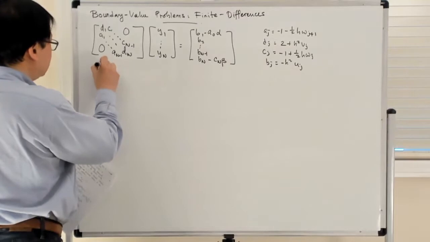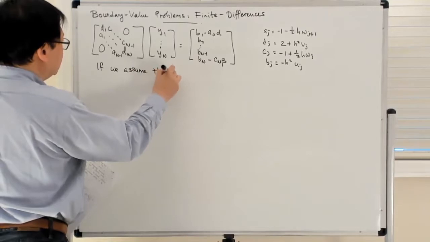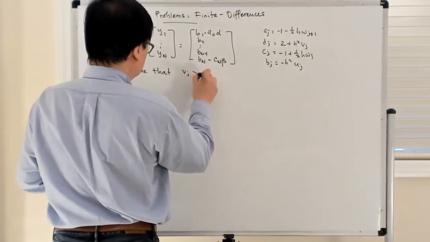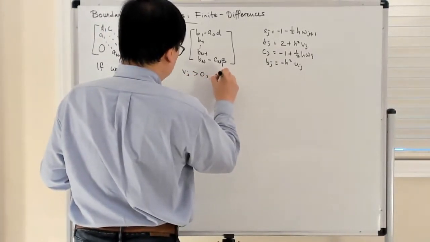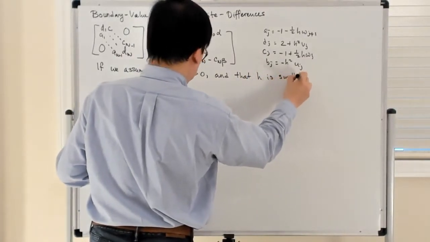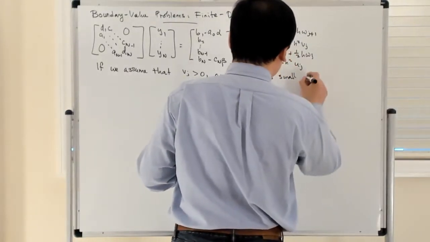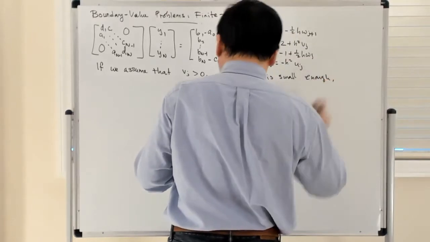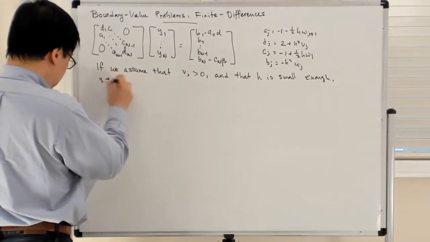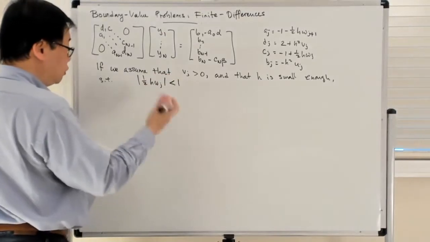So if you assume that these Vj's are positive and that h is small, small enough. What I mean by small enough is that the absolute value of 1/2 h wj is less than 1 for all the j's.